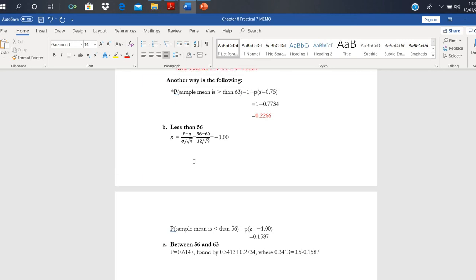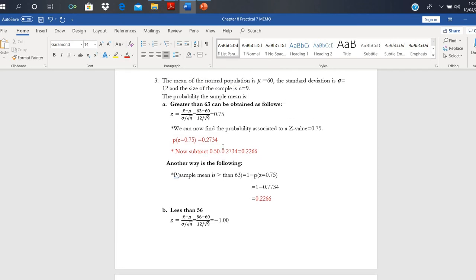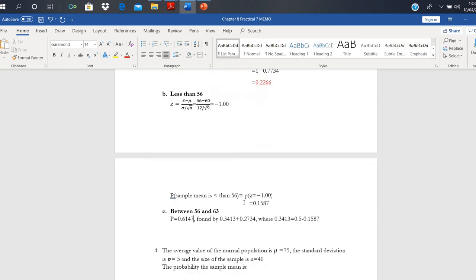First of all, we take the difference between 0.5 and the probability of Z to be less than 56, which is 0.1587.